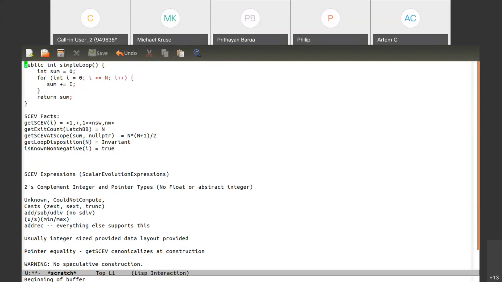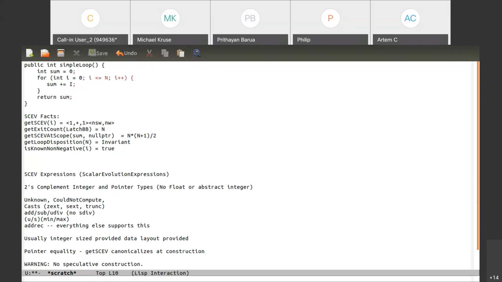In reality, SCEV works over LLVM. I use C just for ease of understanding and discussion. Also keep in mind that these results are me going, what would the answer be if I ran this, not having actually done so. So there's possibility of subtle errors here.